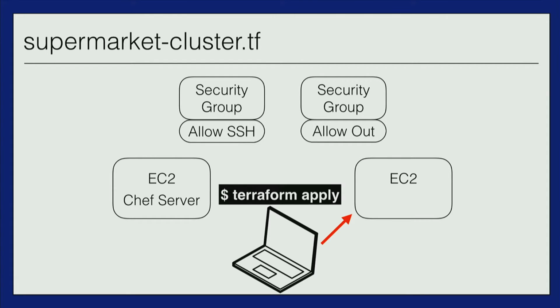And then it configures a second EC2 instance and configures it to be a supermarket server. So Supermarket is another Chef product that can be used in conjunction with a Chef server. It provides an easy-to-navigate artifact repository for sharing Chef cookbooks and tools. So it's then going to configure that supermarket server to use the Chef server for authentication and authorization.